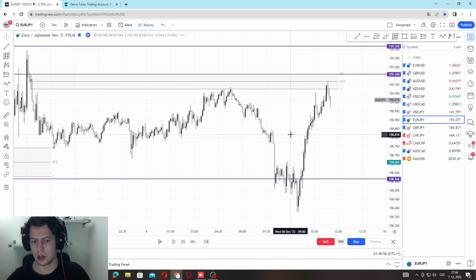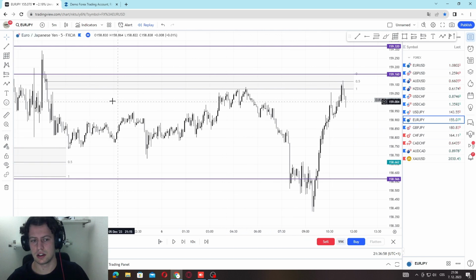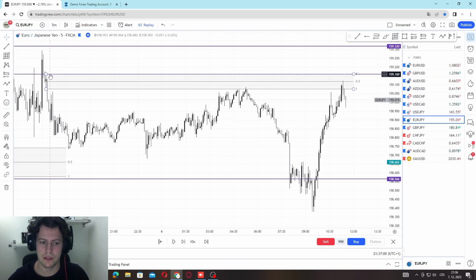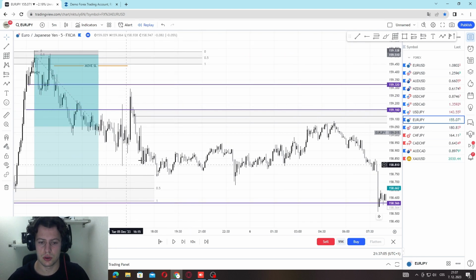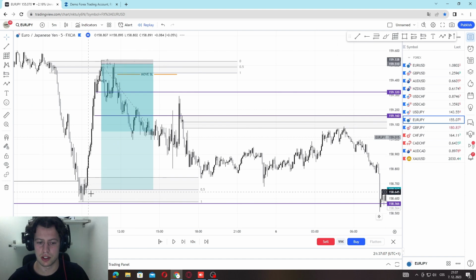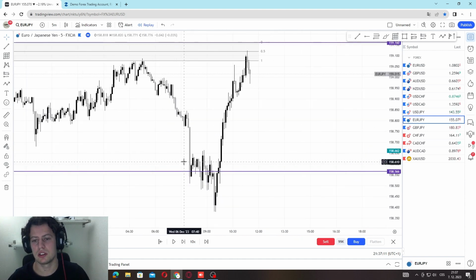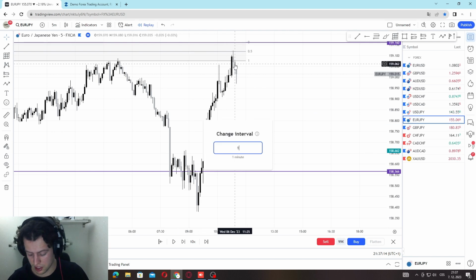So in this case we have a nice order block. We are bearish, but this is not so good, but the price went to the 50%.